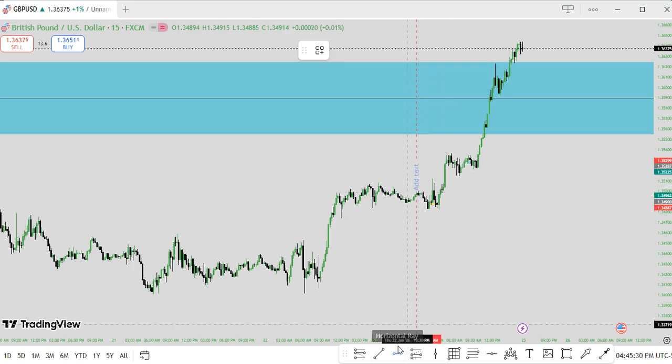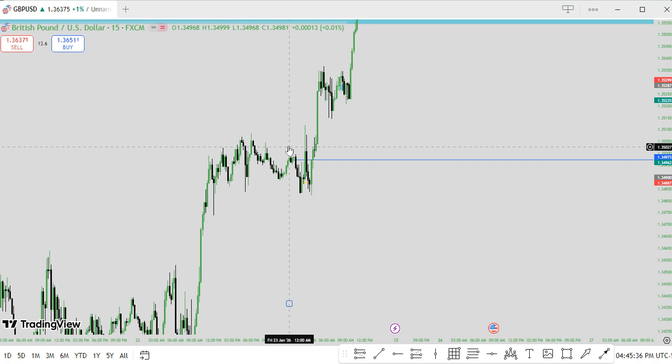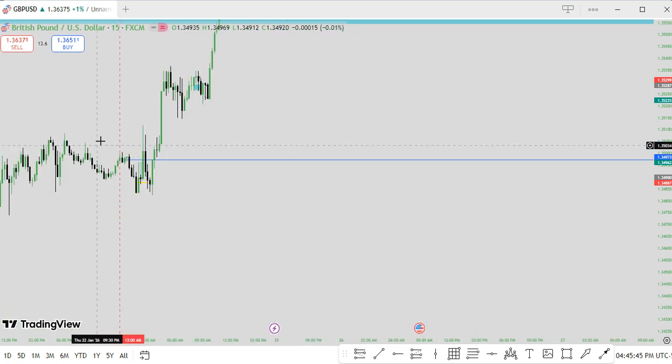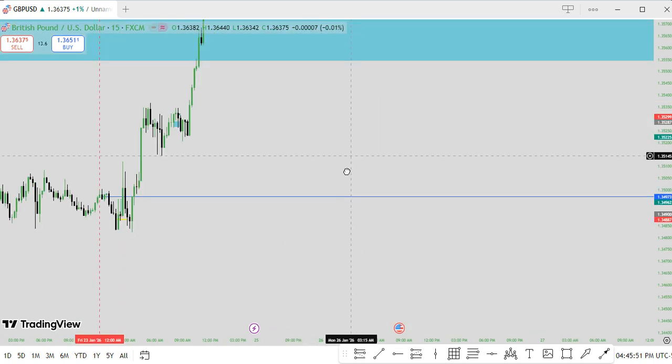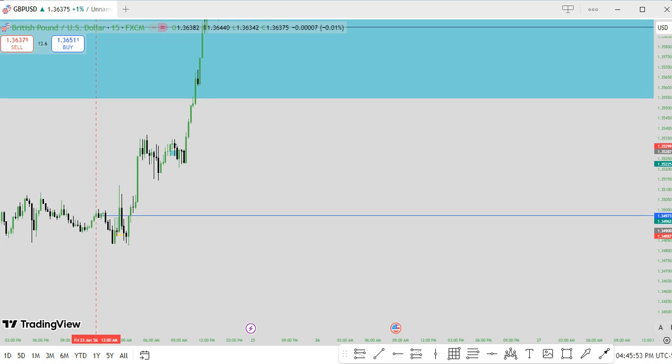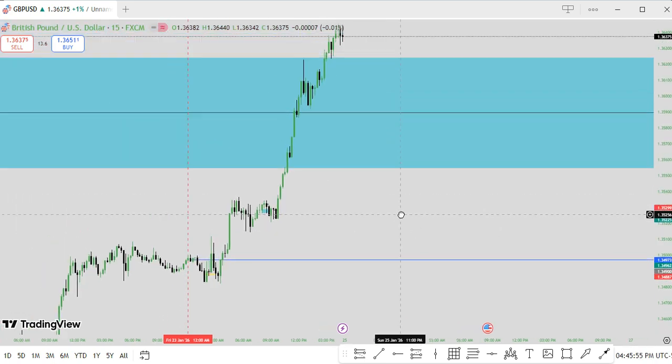So if you want to see it, here is Friday where it opens 12 o'clock a.m. You can see the candle, 12 o'clock a.m. Friday, 2023. So which is yesterday, today the 24th being Saturday. So, to recap what was happening in the market.